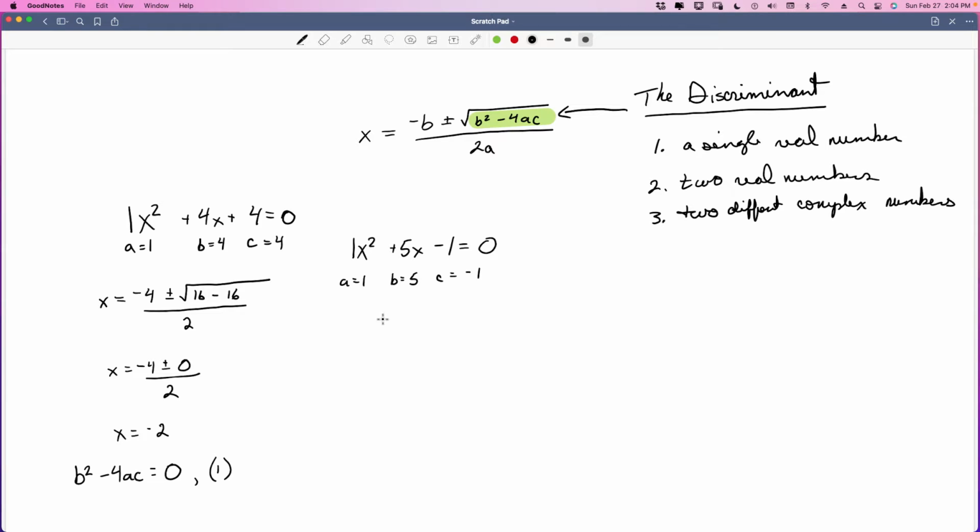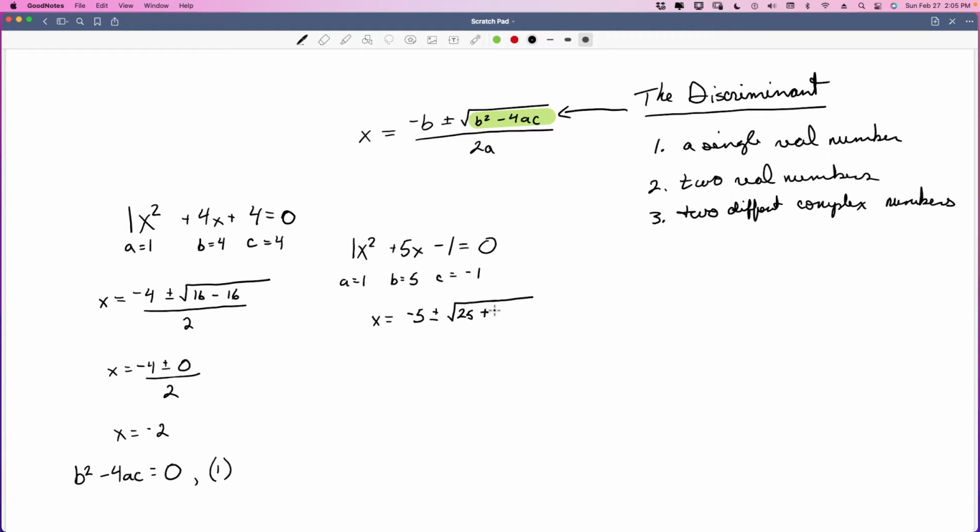So we would drop that into our quadratic formula. x is equal to -5 plus or minus the square root of 25, because 5 times 5 is 25, minus, and then we would have 4 times a, which would be 4, times -1, which would be positive 4.